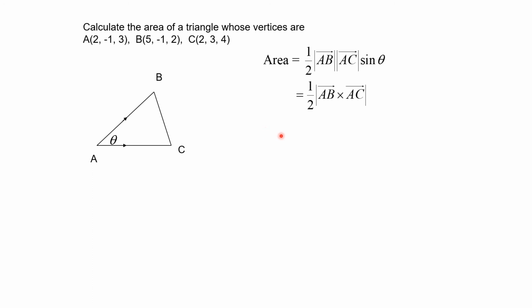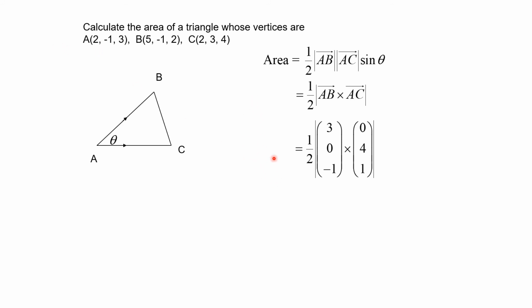Okay. So in this case, because we have the vertices, we can come up with the vectors. So vector AB is simply B minus A by the basic definition. So 5 minus 2 is 3, and negative 1 minus negative 1 will be 0, and 2 minus 3 is minus 1.